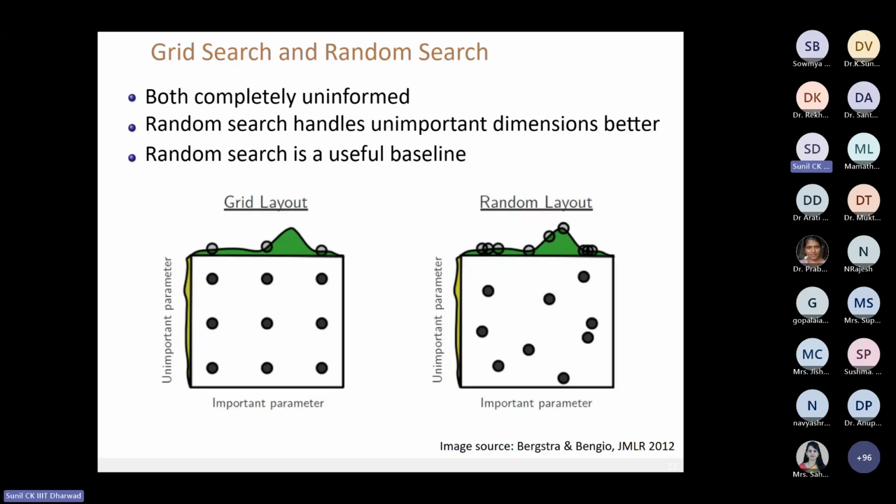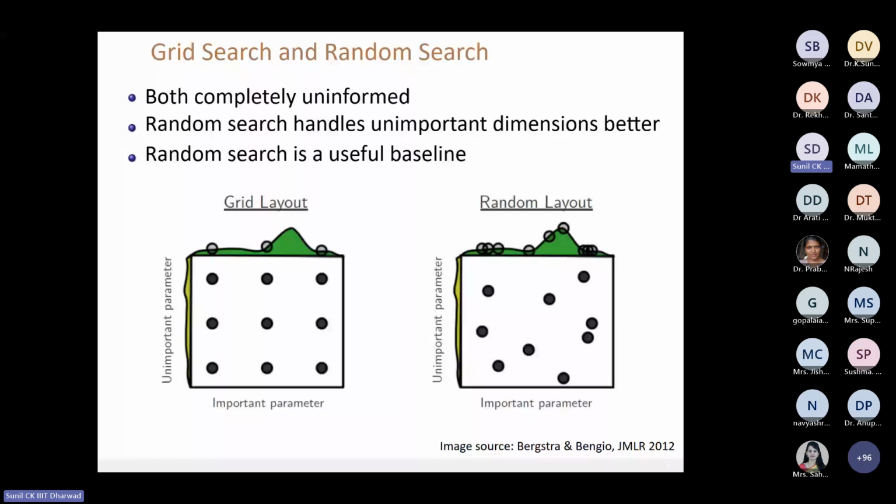But in the case of grid search, it does the Cartesian product of all the available hyperparameters and checks the result for all of them. So assume there are 10 hyperparameters, then it has to do 10 into 10, some 100 such computations. After doing those 100 combinations, only then is it going to select.